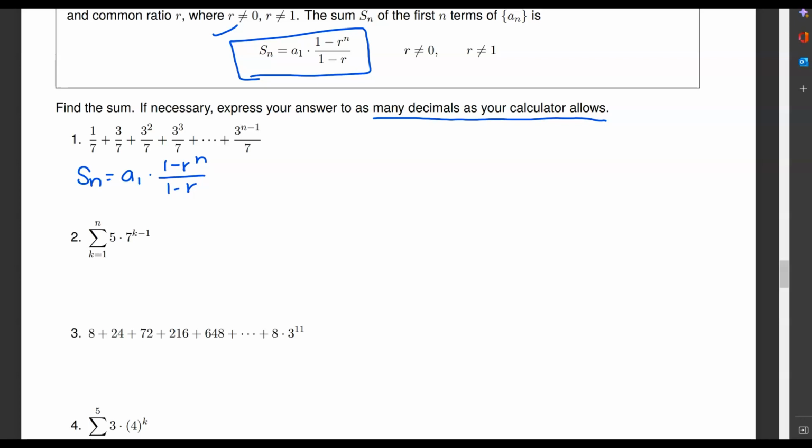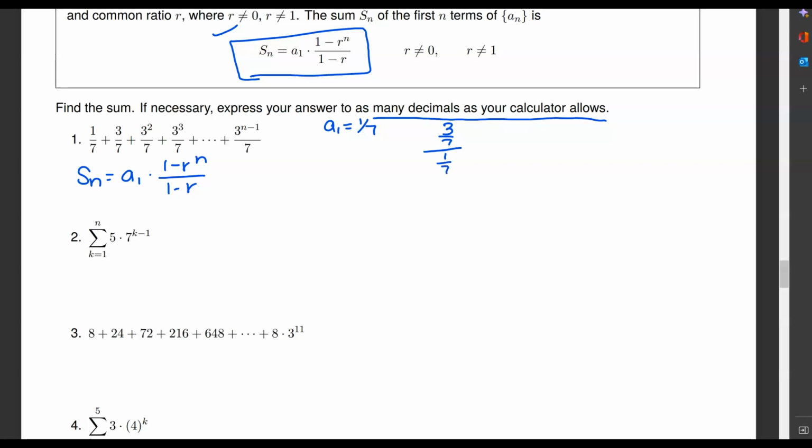So what is happening here, right? So notice that the first term is 1/7, so we know a1 is going to be 1/7. But now, what's the ratio between 3/7 and 1/7? So 3/7 over 1/7.